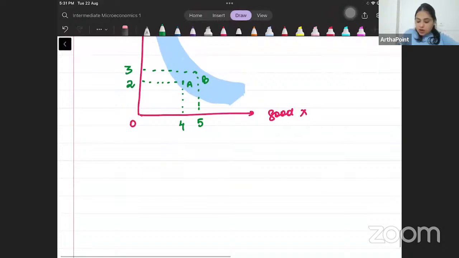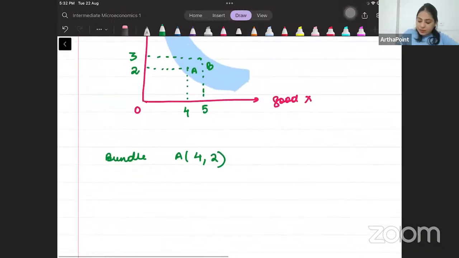So let's write this down. Bundle A, this is beta 4, 2. Bundle B, this is beta 5, 3.